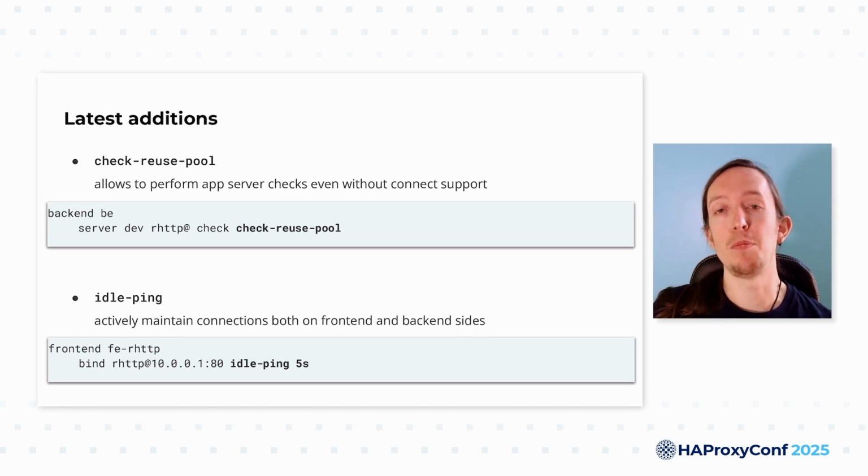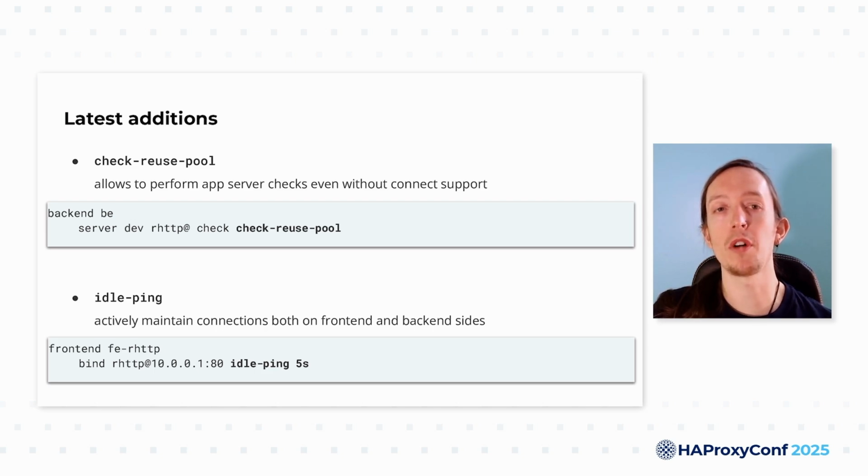For reverse HTTP, this is mandatory if you want to perform checks because by definition, these servers are unable to connect by themselves. But this keyword is also useful outside of the reverse HTTP context. For example, if you are using TLS on your server and you do not want to perform a full check every time, you can use this new keyword.